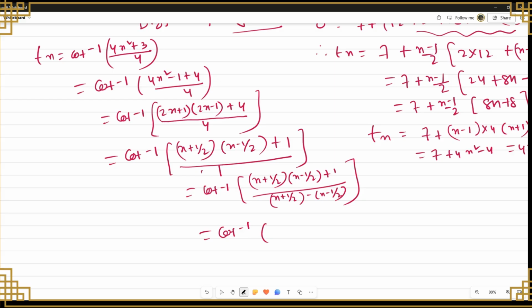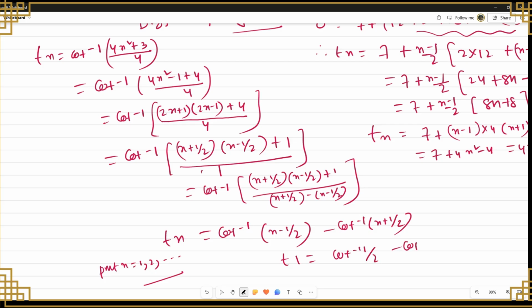Hope you remember: cot inverse of n minus half minus cot inverse of n plus half. It's a huge sum. But you cannot say it is out of syllabus. All basic trigonometric formulas are involved here. Now go on putting n equal to 1, 2, up to infinity, this way. And then add them.